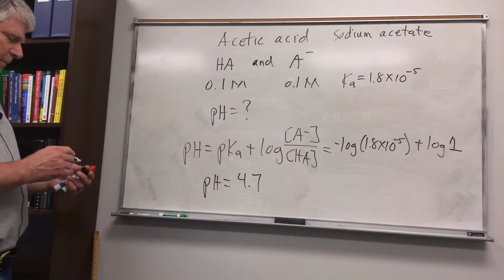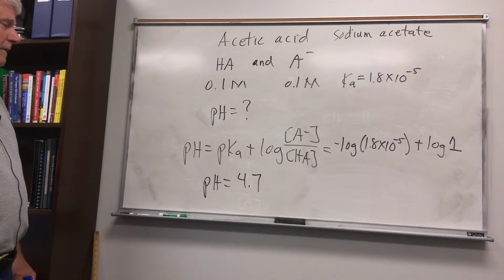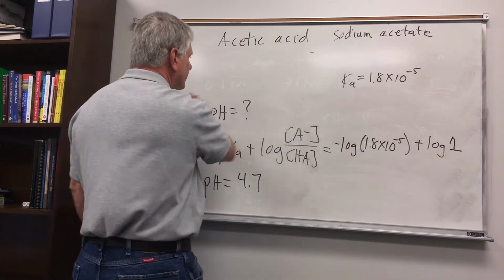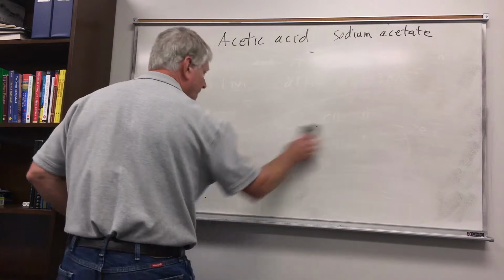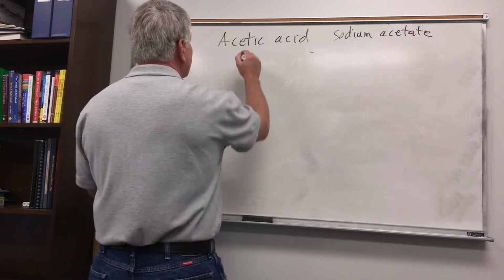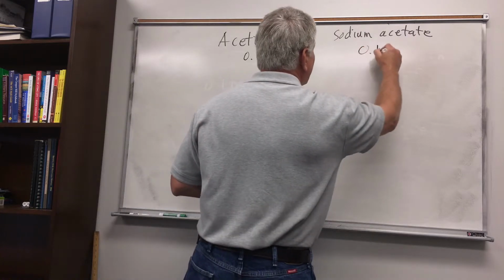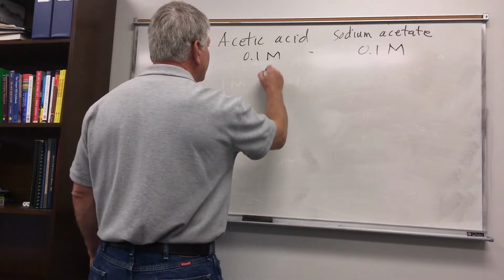Now let's take this buffer solution and add some strong acid to it and see how the pH might change. So we had 0.1 molar acetic acid, 0.1 molar sodium acetate. That's how we formed our buffer solution.